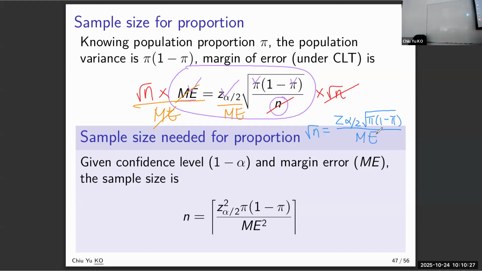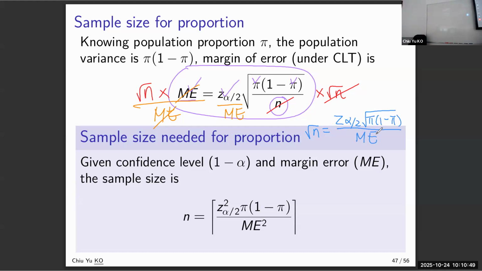Then you square both sides and you get this formula, because everything is positive. You get a ceiling function again. As I said, this is just an integer problem because this can be a decimal number.